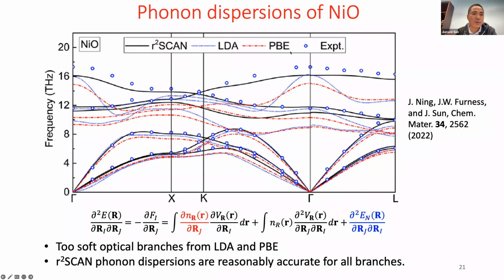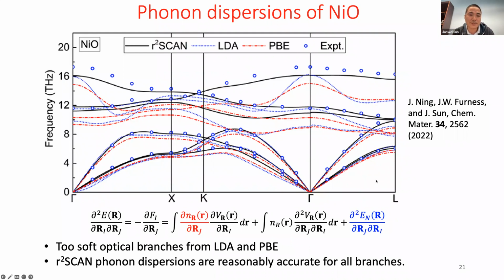We believe this is a good phonon dispersion for the right reason, because LDA usually can give you good phonon dispersion for some normal materials, for example silicon, but that is by error cancellation.